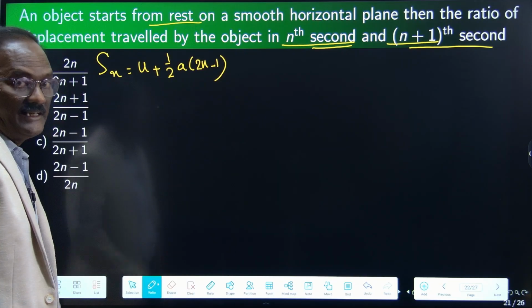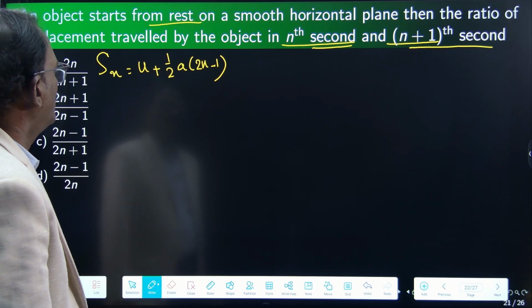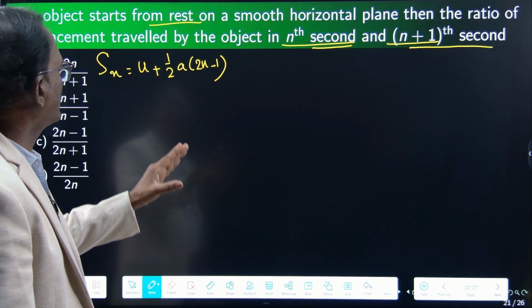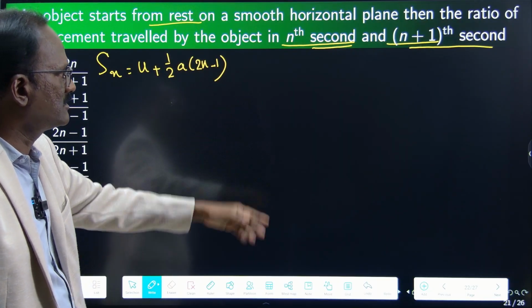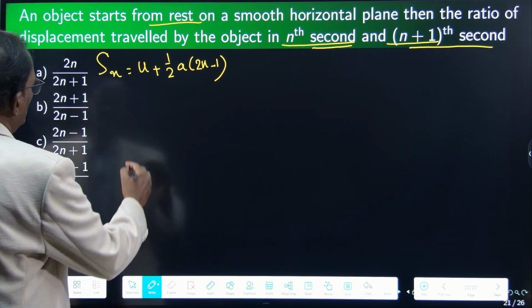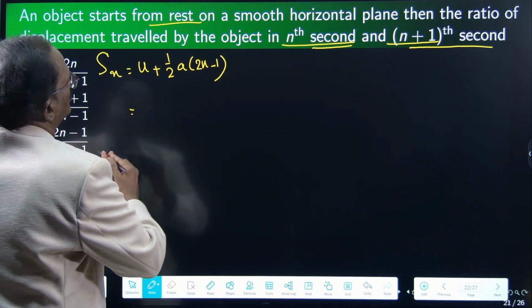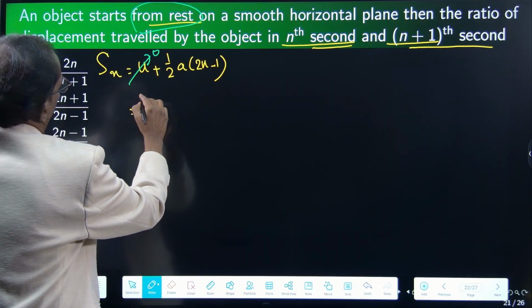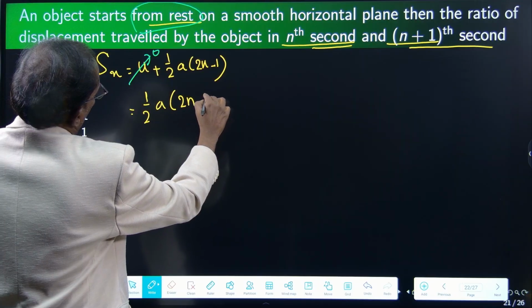This formula gives the distance covered in nth second, and will be used here. From here you put n is equal to n in the first case, then n is equal to n plus 1 in the second case, right? So Sn is equal to, since it is initially from rest, u is 0, so let us write a by 2 into (2n minus 1) only.